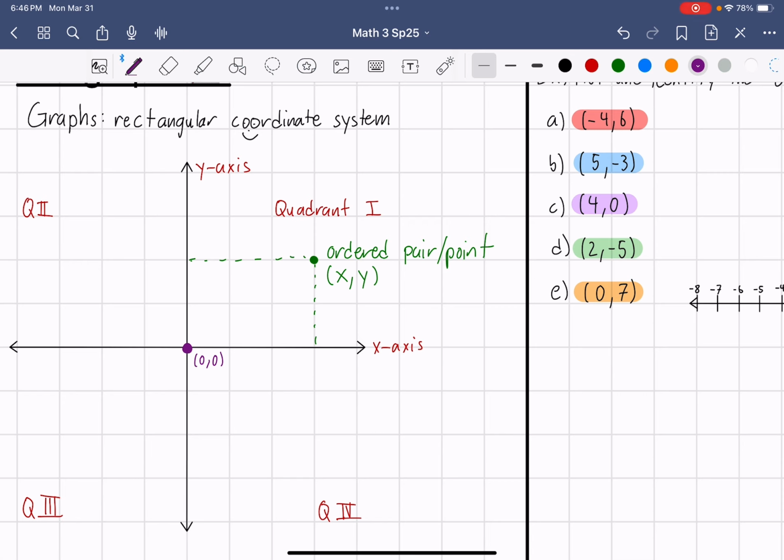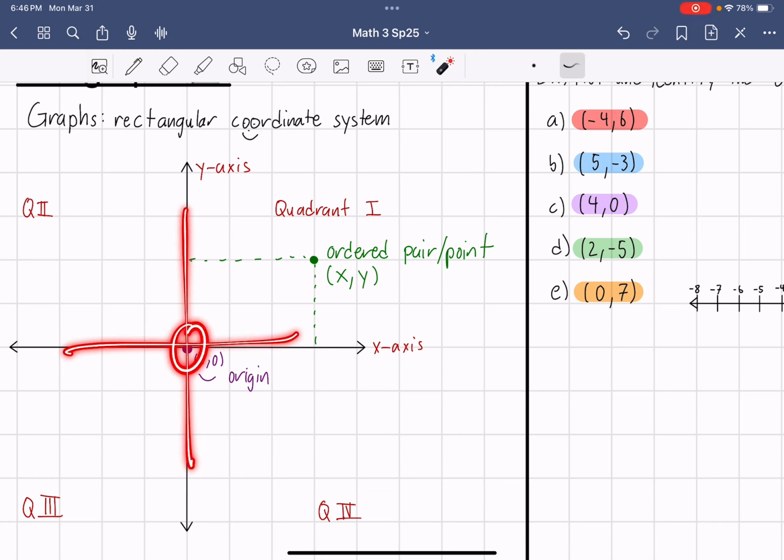And this is known as the origin, because that's where the x and y axis intersect. So 0, 0. And then we have a couple more points with specific names. All these are still considered an ordered pair, still considered points. But let's go over some terminology.